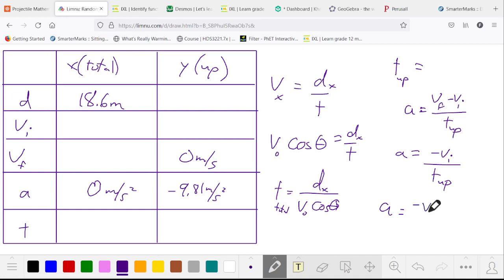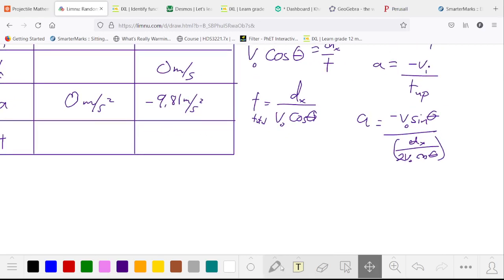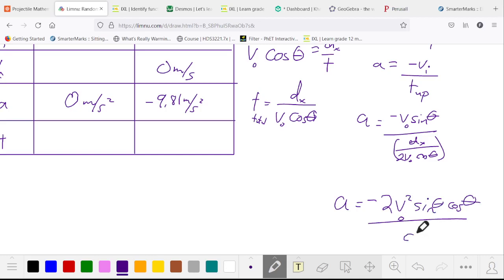Now I think we're getting somewhere. That's a V naught sine theta. That time up is the total time over 2. So down here we have a dx over 2 V naught cos theta. Right. So rearranging that, we have A is negative 2 V naught squared sine theta cos theta over dx.